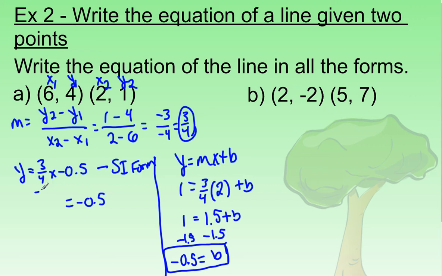So if we subtract 3/4 x on both sides, we get negative 3/4 x plus y equals negative 0.5. This is our answer in standard form.